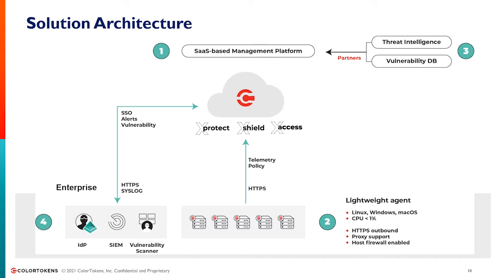And apart from connecting these, the ColorToken SaaS-based management platform has threat intelligence and a vulnerability database to detect any vulnerability, especially when providing endpoint security, which I will talk about in our discussion. It will give the additional advantage of having a vulnerability database and threat intelligence.